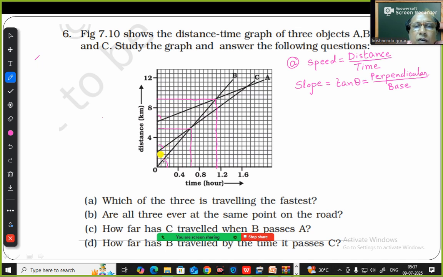Or you can also find it by using tan theta. Therefore, which of the three is traveling the fastest? We find that object B is the fastest.